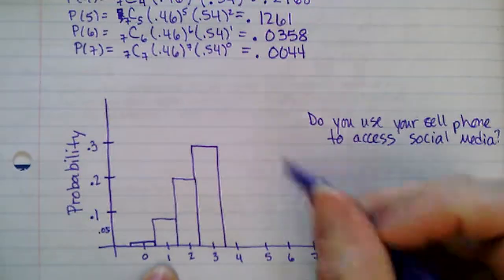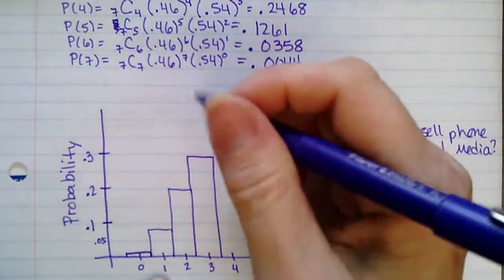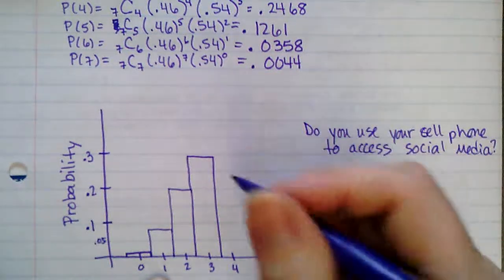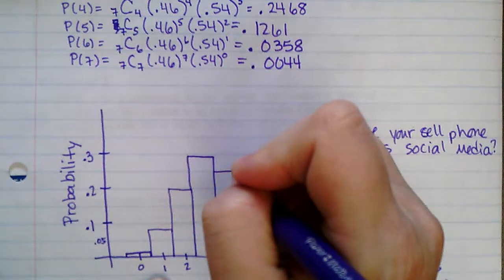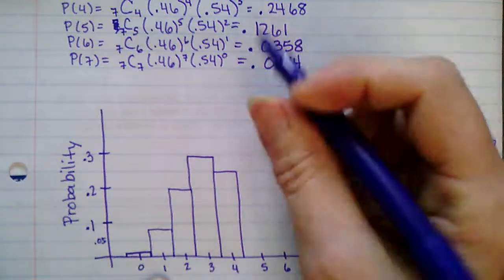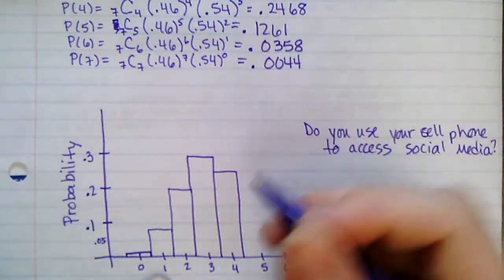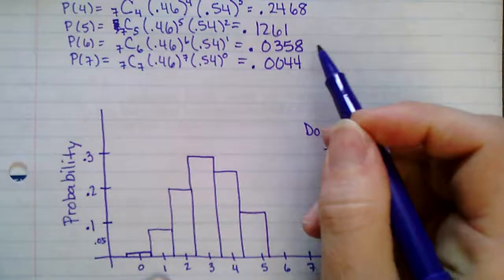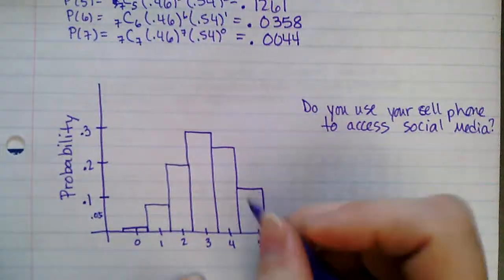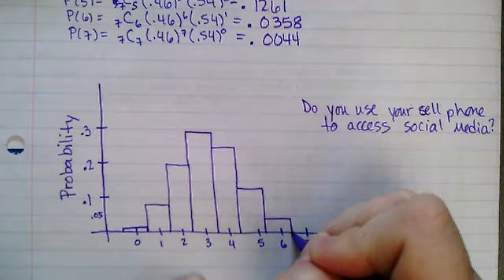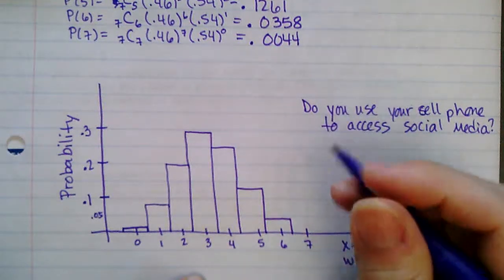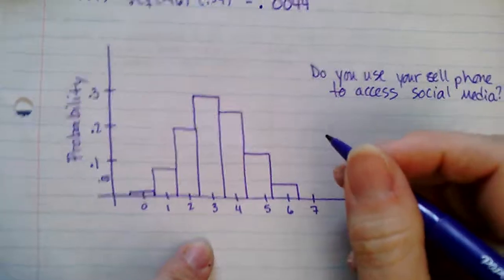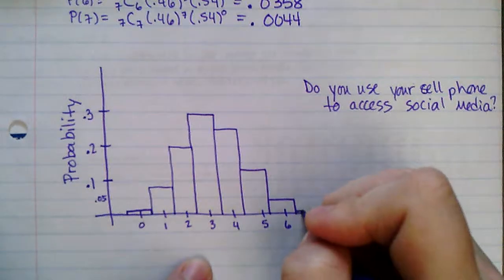The probability of exactly 4 people saying yes is 0.25, roughly, by rounding. Probability of 5 people saying yes, 0.13. The probability of 6 people saying yes would be 0.04. And the probability of 7 people saying yes would be really, that's almost 0.